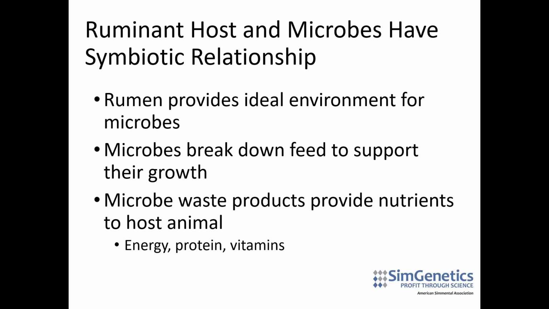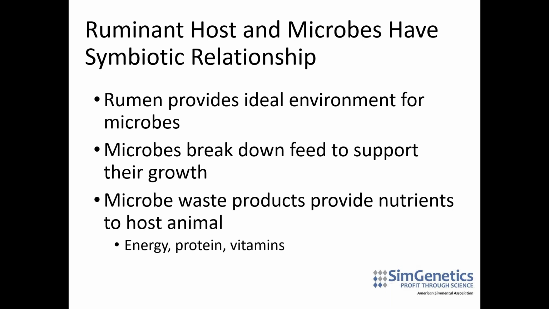So all these microbes are hanging out, breaking down feed. One of the main products they produce from breaking this down are called volatile fatty acids, or VFAs, and those are the main energy source for a ruminant animal. Then protein: not only will there be protein from the breakdown of the feeds, but the microbes themselves are about 50% protein.